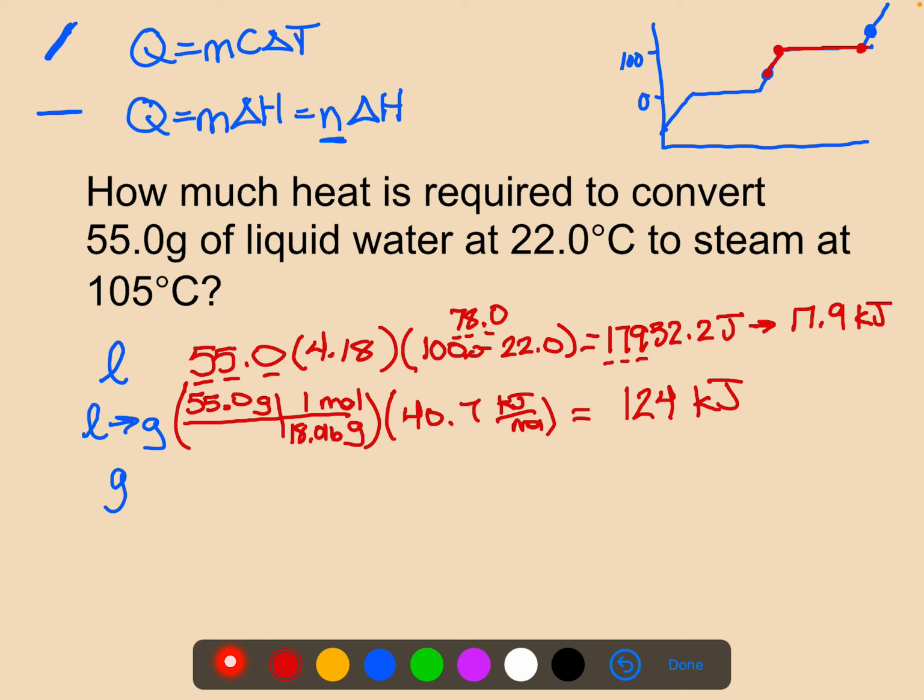But we still have one more step to do. We have to change this gas at 100 into the gas at 105. So we're back to where the temperature is changing, so we have to go back to the Q equals MC delta T formula. Our mass is 55. C, specific heat for steam, like I said, would typically be given, but it's 1.99. And then our change in temperature, we are going up to 105 from 100, and that would just be a difference of 5.